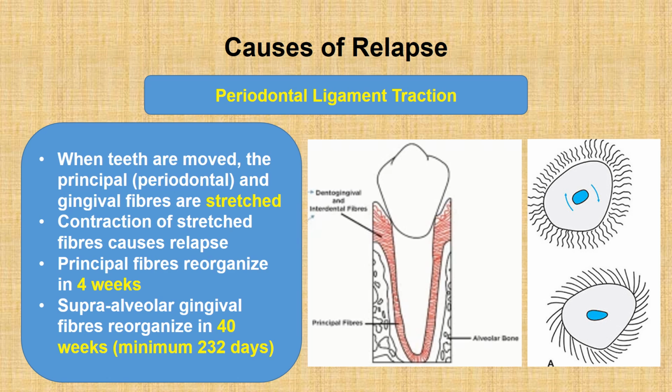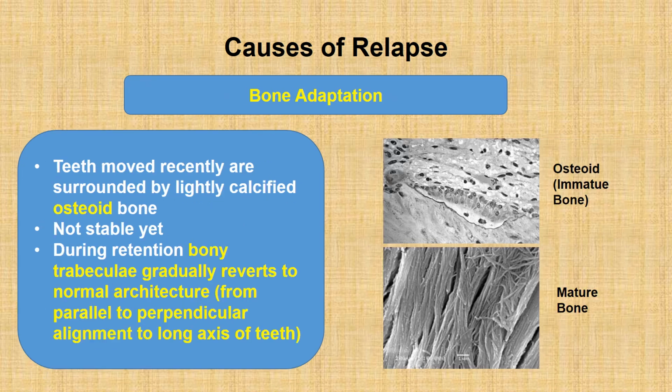The principal fibers take about 4 weeks to reorganize and readapt, but the supracrestal fibers take up to about 40 weeks, or 232 days, to reorganize to the new position of the teeth.